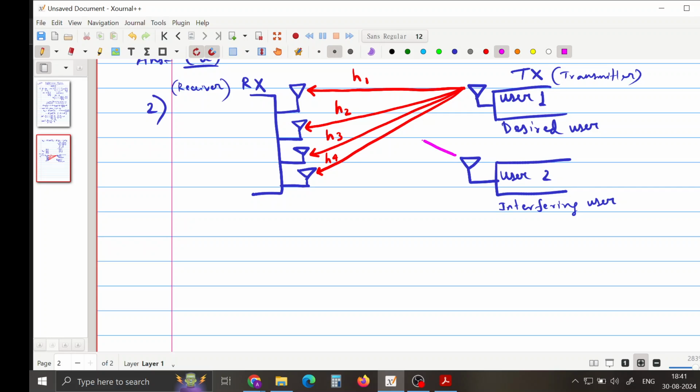If I use some other color, let's say this, like this. So here my coefficients would be G1, G2, G3 and G4.